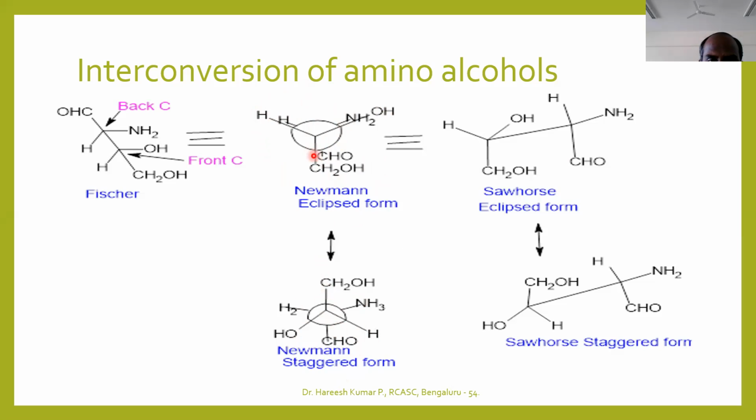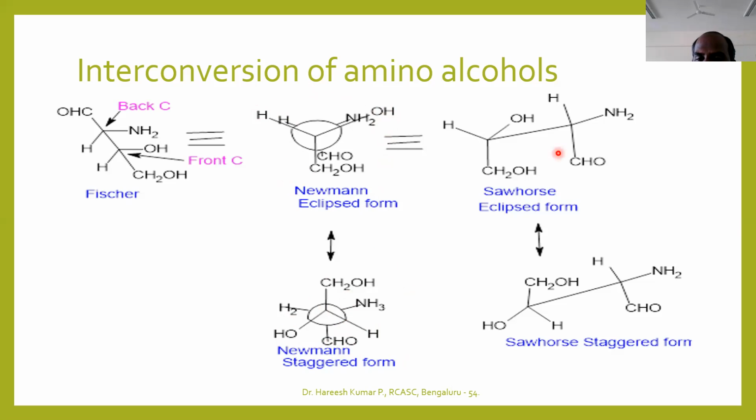So that is what is called 180-degree rotation. That means this will go like this, it will sit over CH2OH. Similarly, OH will come over here and sit here. Similarly, this H will come over here and sit here. So that is what a staggered form is.